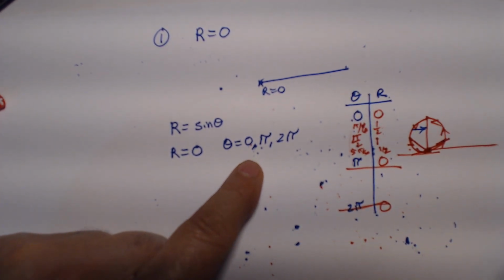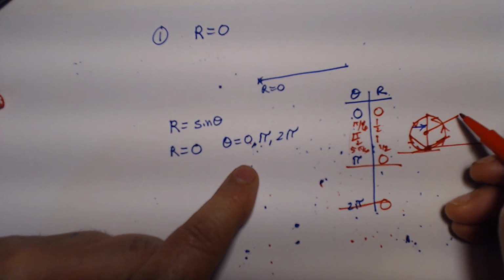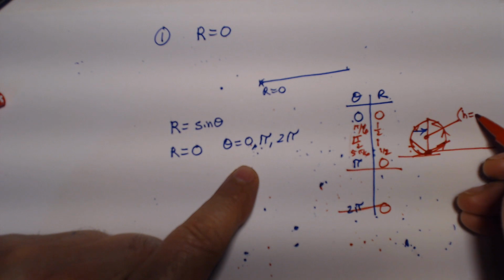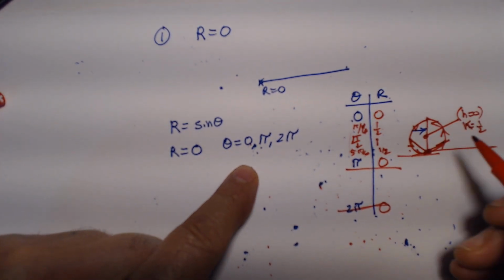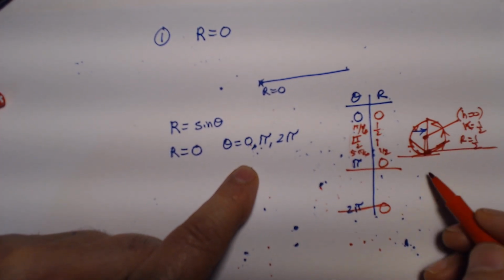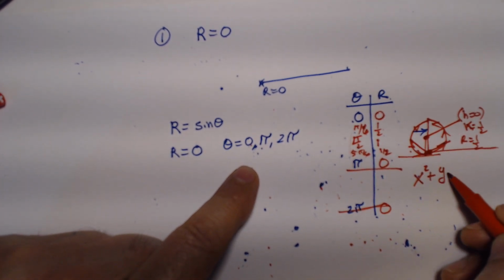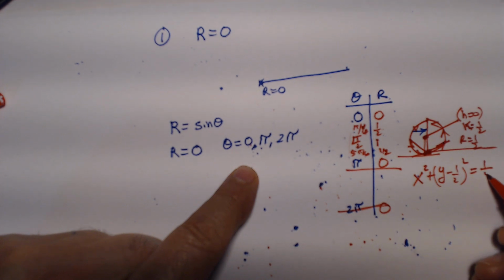What kind of a circle? It is a circle whose center, in the Cartesian, has h equal to 0, but k equal to 1/2, and the radius is 1/2. I bet you that the Cartesian form is x squared plus (y minus 1/2) squared equal to r squared.